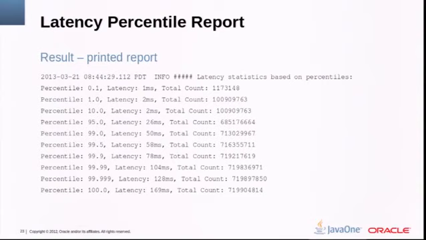Now, in a distributed environment, there are so many factors that play into your latencies: how much heap you're consuming, the GC activities, all kinds of activities. So what we do is look at the serializer, for example.